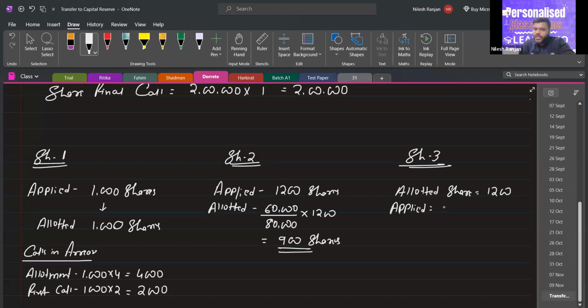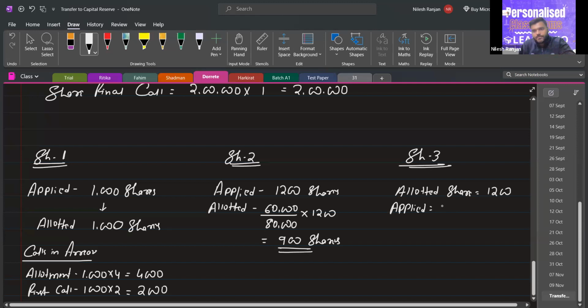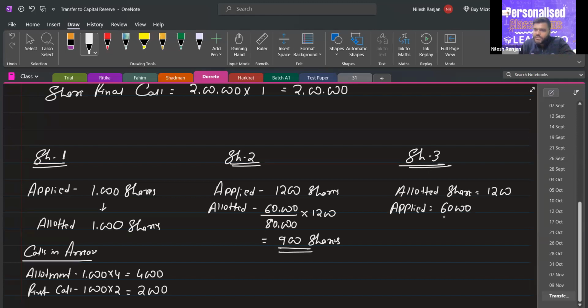He's related to third category, means 60,000, 40,000 combination. So 60,000 divided by 40,000 into 1200. So 1800 shares. Now you understand how to calculate allotted and applied share, because we have done this many times.